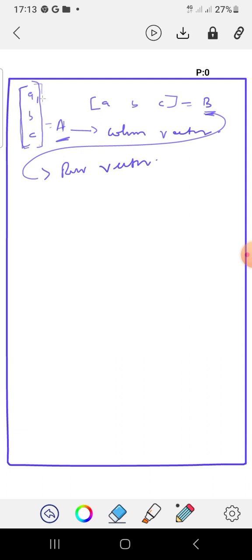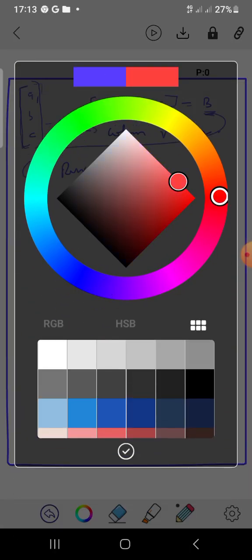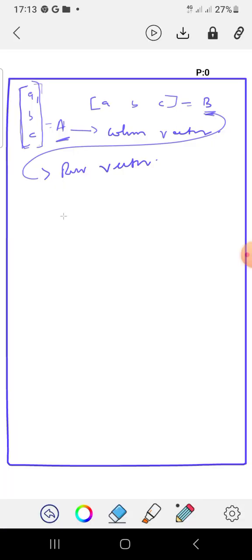So a one row or one column matrix is a vector. Let me write it down with a special pen.